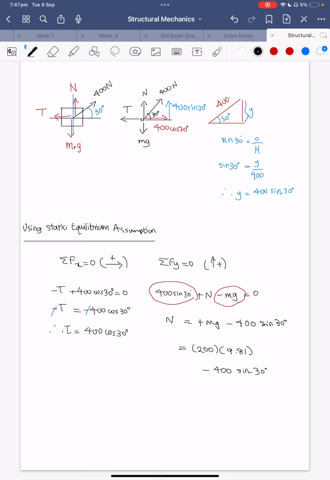Yeah, I get my tension is 346.41 Newton. And if I actually calculate the N, I get my normal is 1762 Newton.